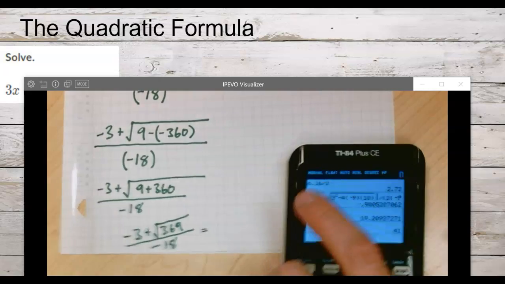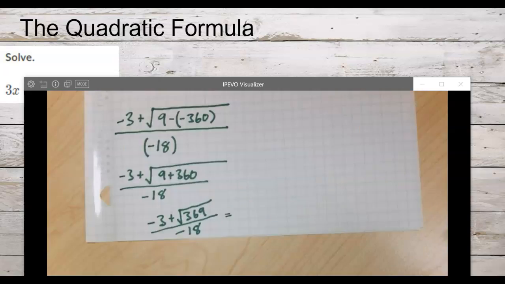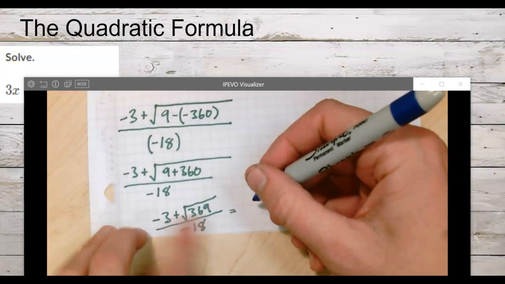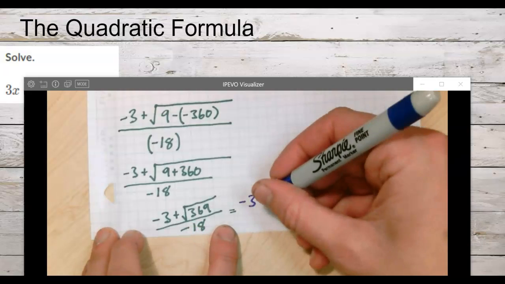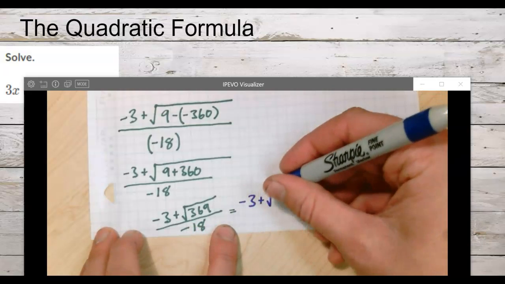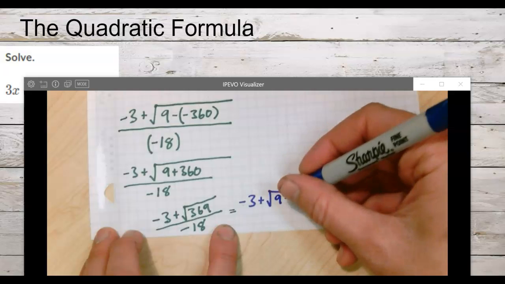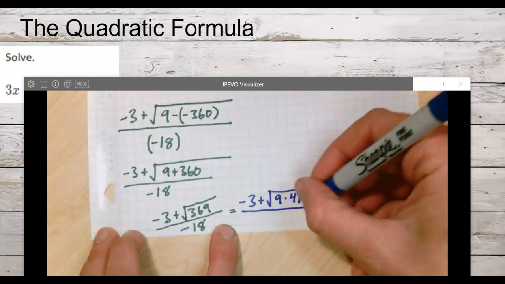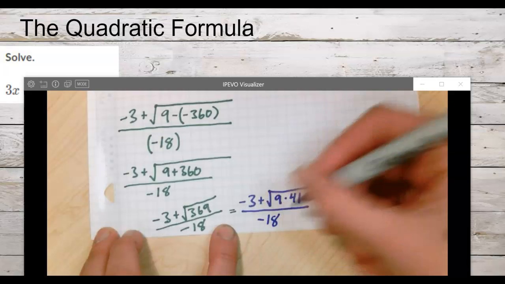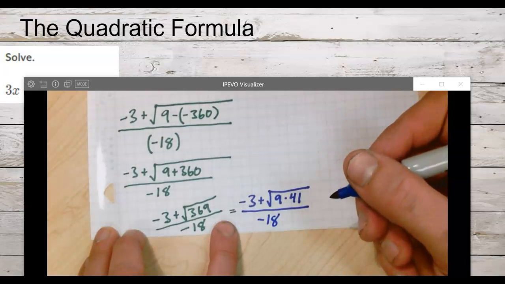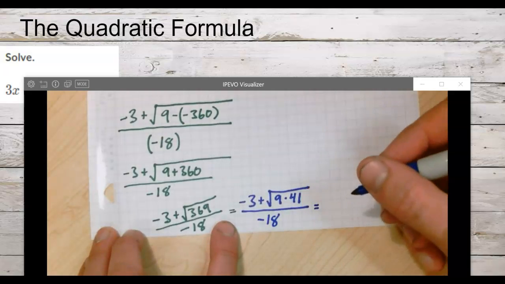So if we want to clean this up a scotch, which is what I'm going to write in blue, this is the same as -3 plus radical 9 times 41 over -18. Remember, I might run out of space.